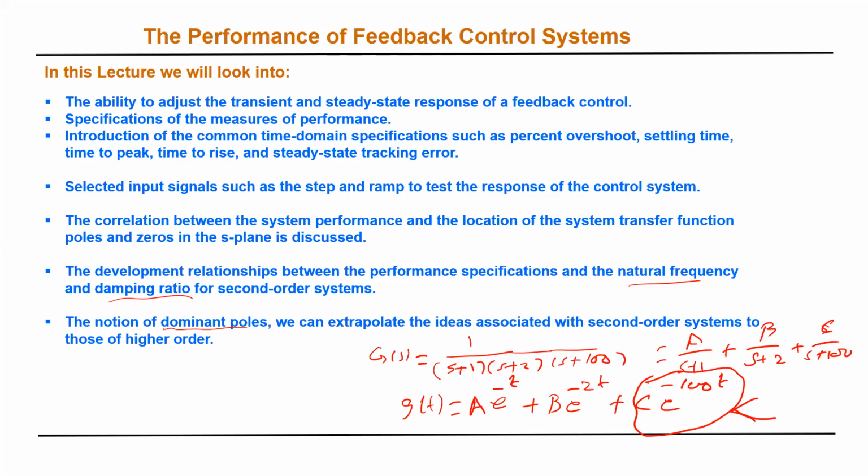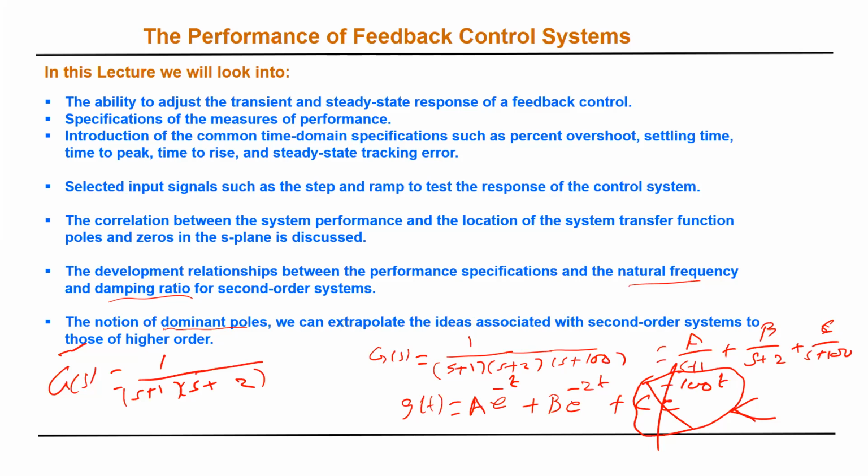So I can neglect this part and approximate the g. So g of s is approximately equal to 1 over (s plus 1)(s plus 2). And the performance will not be affected by ignoring the pole which is far away from the others.